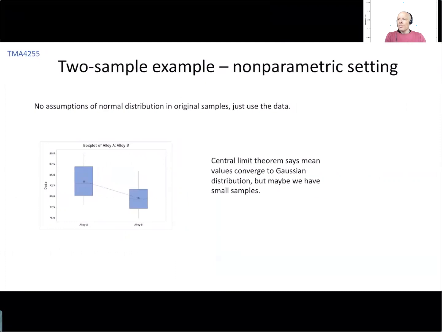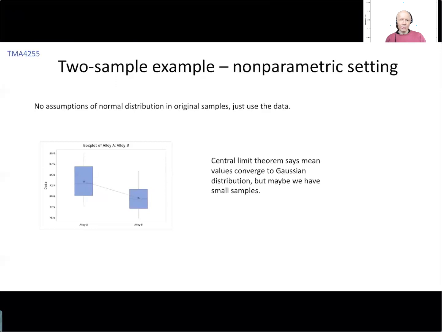Here, we would have a minimum number of assumptions on the sampling distributions of different groups. And then you might say, okay, is this important? Under the central limit theorem, if we start taking means and averages, things converge to the Gaussian distribution.